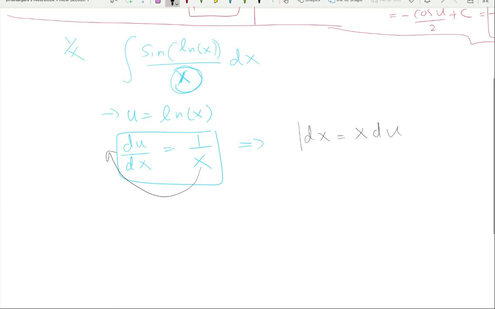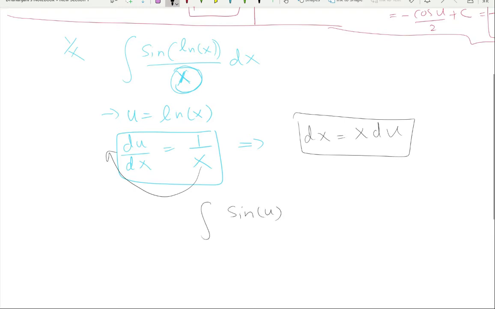In previous problems we had dx equal to du over something, but here we have dx equal to x times du. So be very, very careful with those steps, because if you mess up here and write dx equal to du over x, you're going to get the whole problem wrong. At least you're going to get stuck a lot. Okay, so let's replace. So this is sine u.